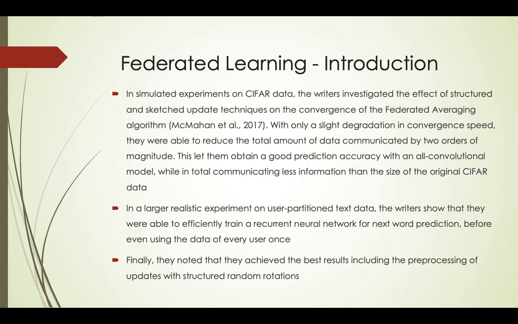They were able to reduce the total amount of data communicated by 2 orders of magnitude. This let them obtain a good prediction accuracy with an all-convolutional model, while in total communicating less information than the size of the original CIFAR data.